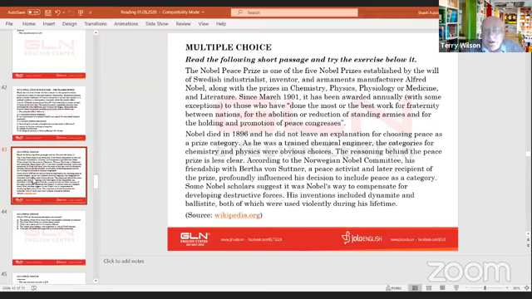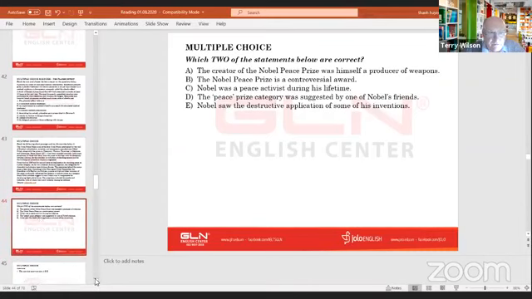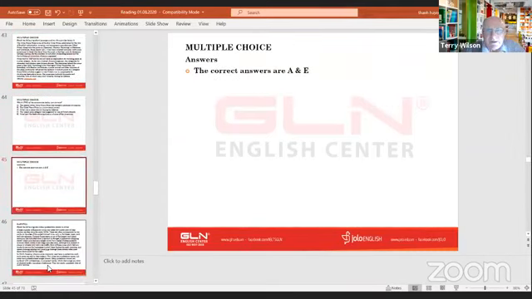And if we look at the beginning, he is a Swedish industrialist, inventor and armaments manufacturer. Armaments being a synonym of weapons. So we should find that the correct answers are A and E.